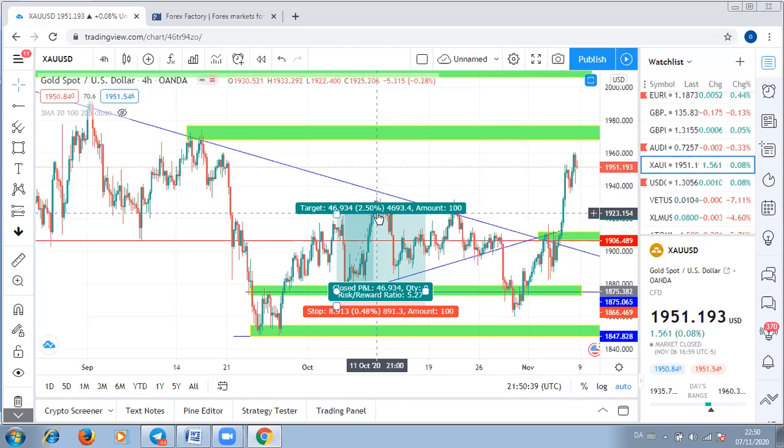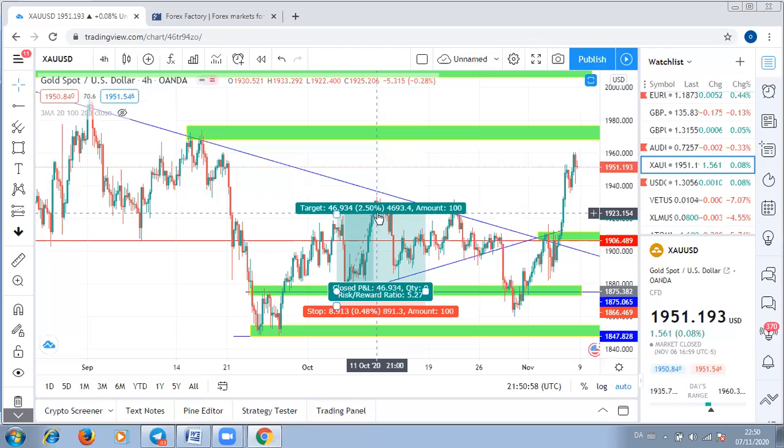But if you don't have any record, there's nothing to go back to, nothing to backtest your strategy, because before you put your strategy in your real life account, you have to test it in your demo account. So if there is no way that you can test or backtest your strategy, there is no way you can find out if it is profitable or not.